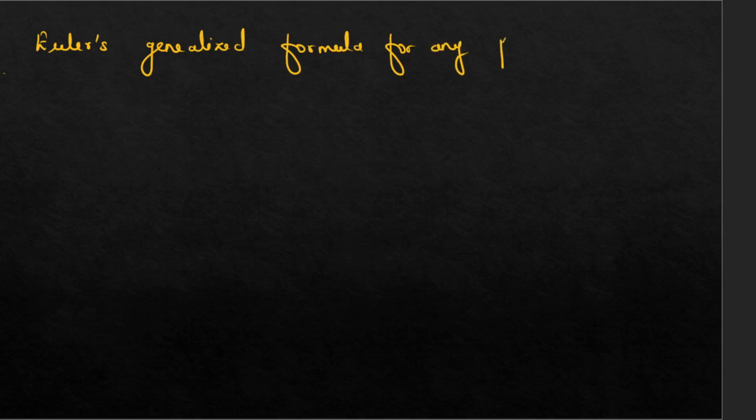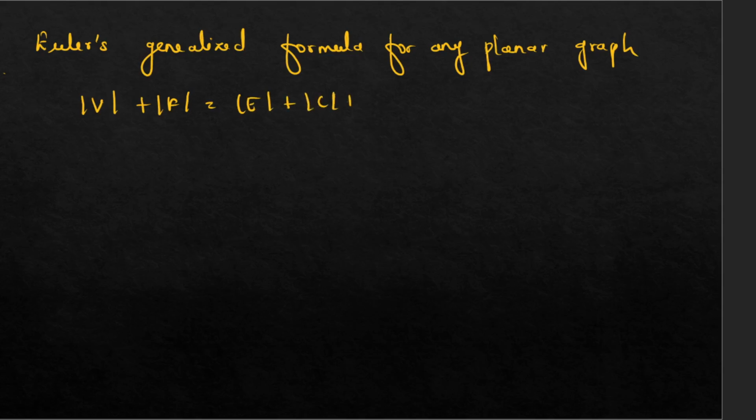The other way is according to Euler's generalized formula for any planar graph, V minus E plus F equals 1 plus C. I will explain what this is.